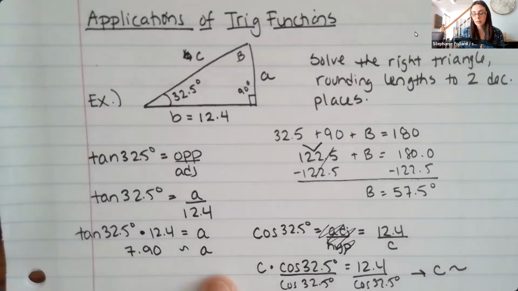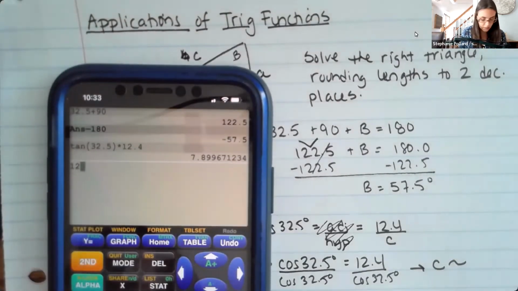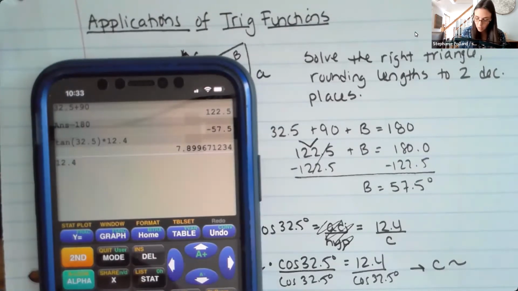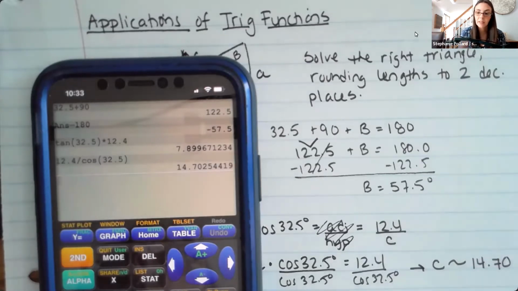And again, I'm going to use my calculator here. So make sure you're in degree mode. I'm going to take the 12.4 this time. I'm going to divide that by cosine of 32.5 degrees. And I get about 14.70 here as well, rounding to 2 decimal places.